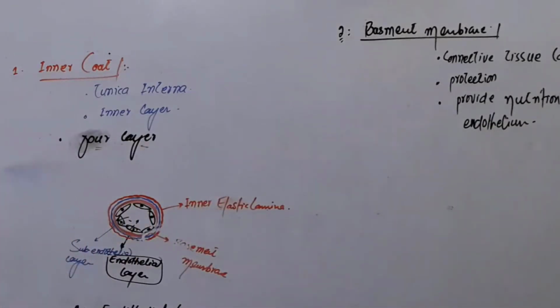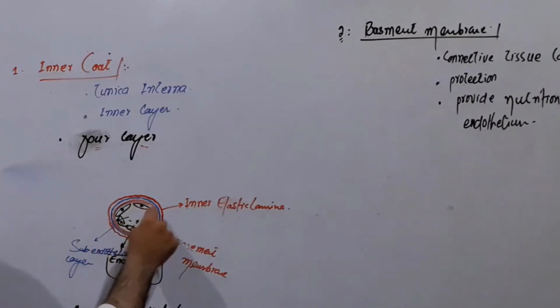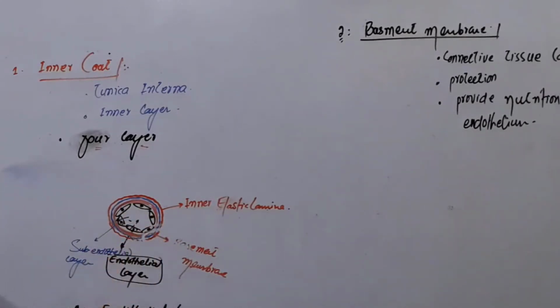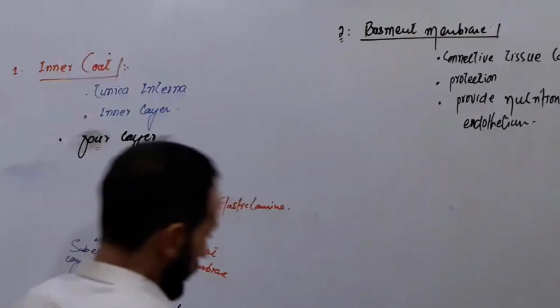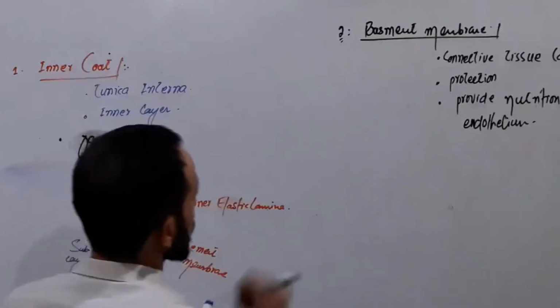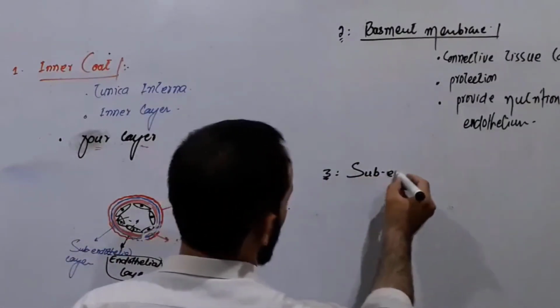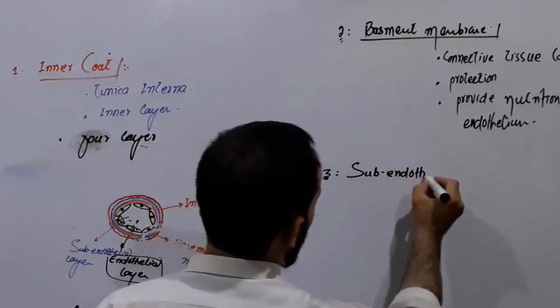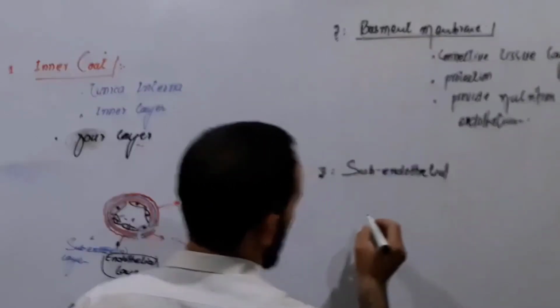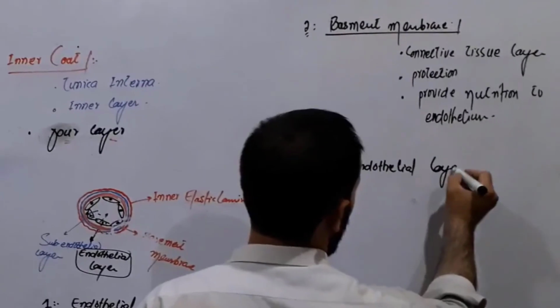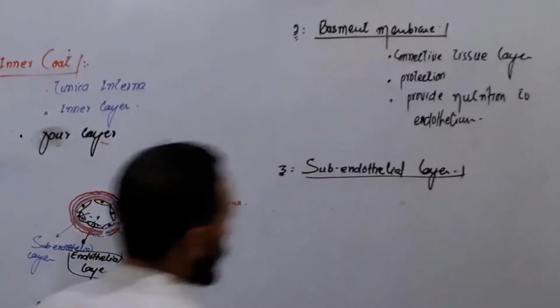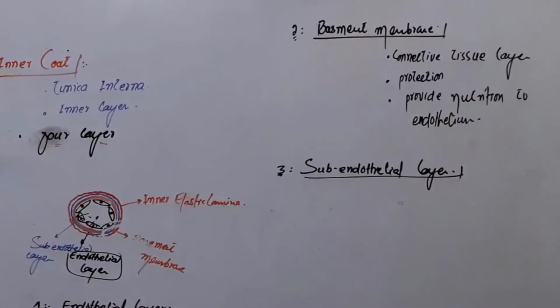Clear? Okay, so we have discussed the endothelial layer, then above it there is the basement membrane, and then we have the subendothelial layer, the third one. Where is it?